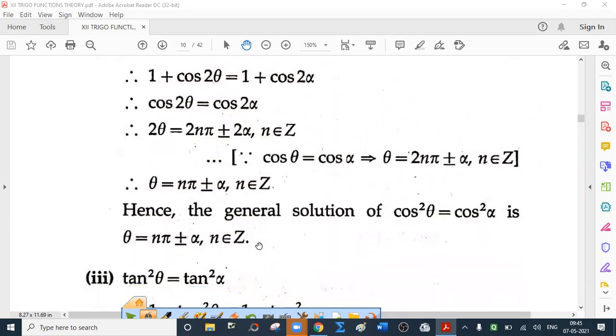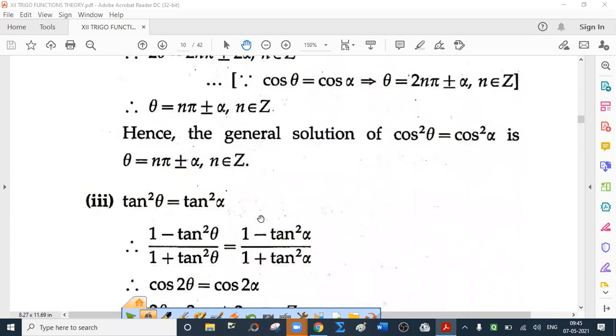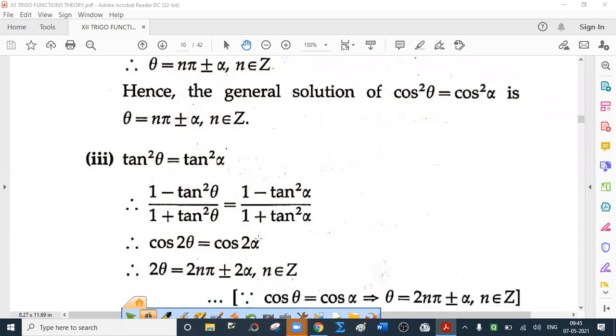N is an integer. Tan square theta equal to tan square alpha. Tan square theta can be written as tan square theta upon 1 equal to tan square alpha upon 1, componendo dividendo and then invertendo. You get 1 minus tan square theta upon 1 plus tan square theta equal to 1 minus tan square alpha upon 1 plus tan square alpha. But note that this is cos 2 theta, this is cos 2 alpha.